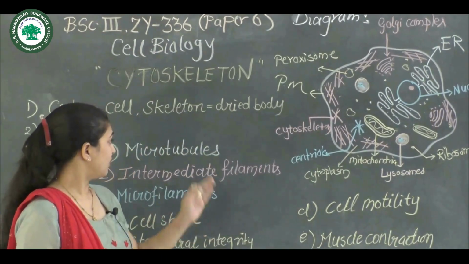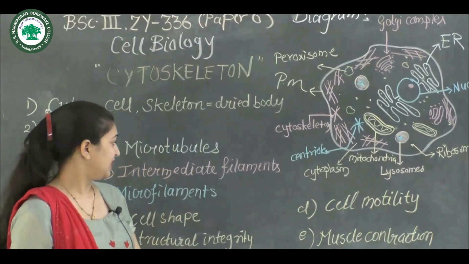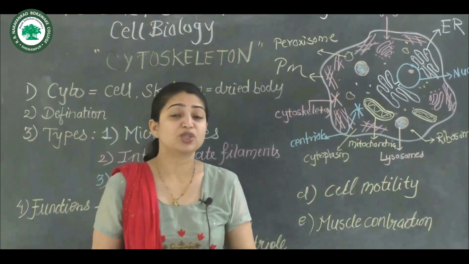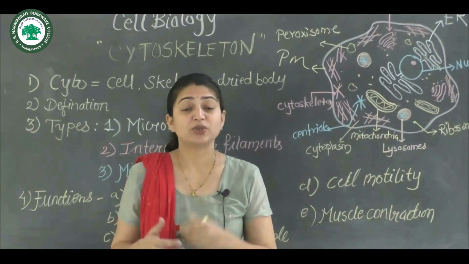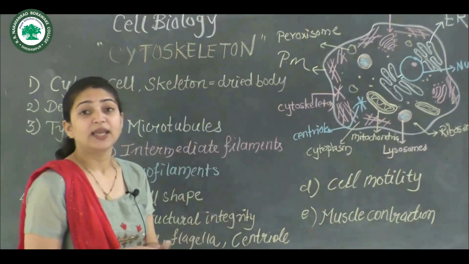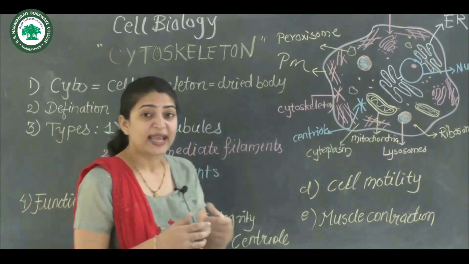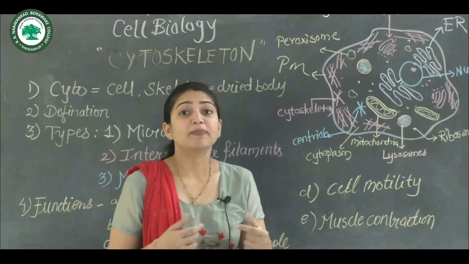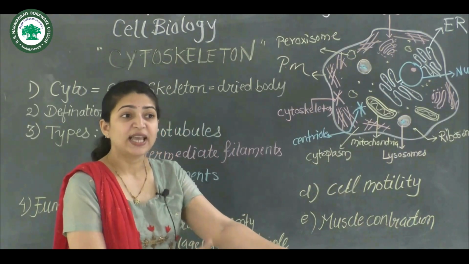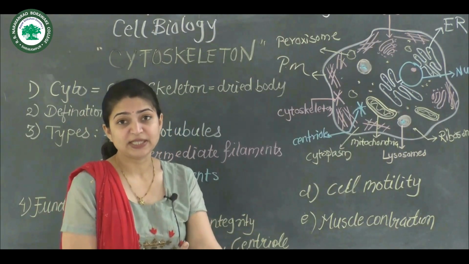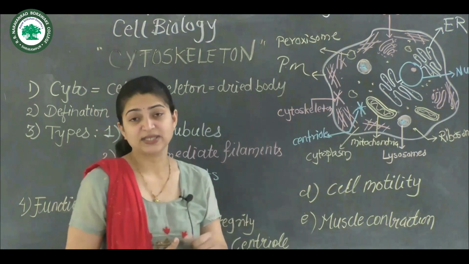Okay, one element from microtubules, intermediate filaments and microfilaments, which is also called actin. Some proteins like actin, myosin, tropomyosin are present in this element. So that helps in muscle contraction. Whatever contraction is taking place in the muscles is due to the filaments present in our muscles.